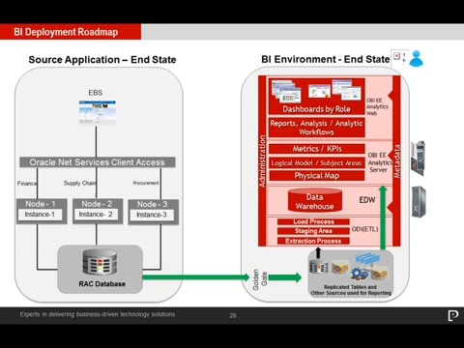Finally, when we got to the end state, this is what it looked like. We had a RAC database which was able to support scalability and performance expectations on their source application side. On the BI side, we had the pre-built data warehouse, the BI applications, to fulfill most of their analytical, snapshot kind of reporting, and then the extensions that we made on top of the replicated instance to fulfill most of their real-time reporting requirements.